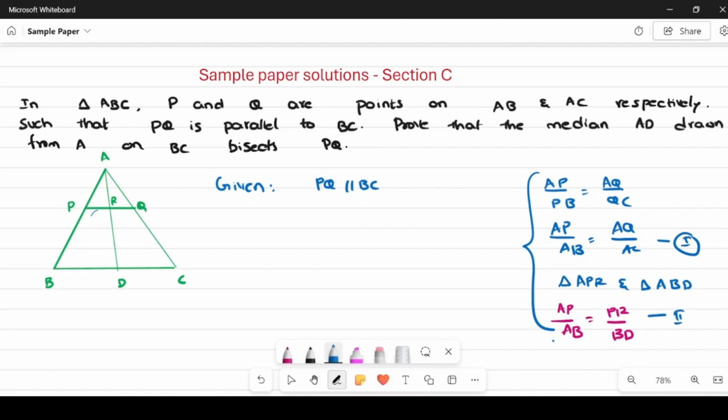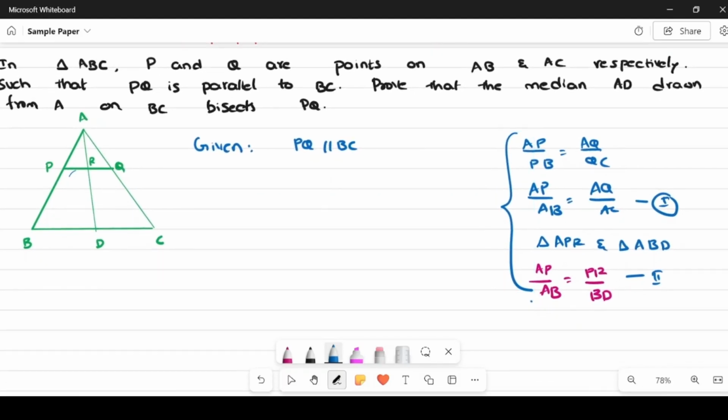Similarly, we can prove triangle ARQ is similar to triangle ADC. Since RQ is parallel to DC, R and D are corresponding, Q and C are corresponding, and angle A is common. So triangle ARQ is similar to triangle ADC. So from this what we can write?